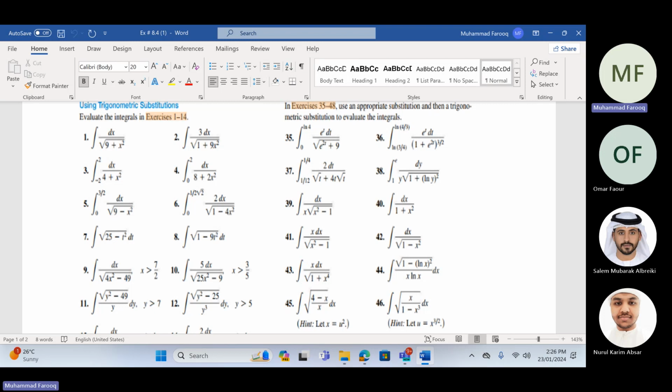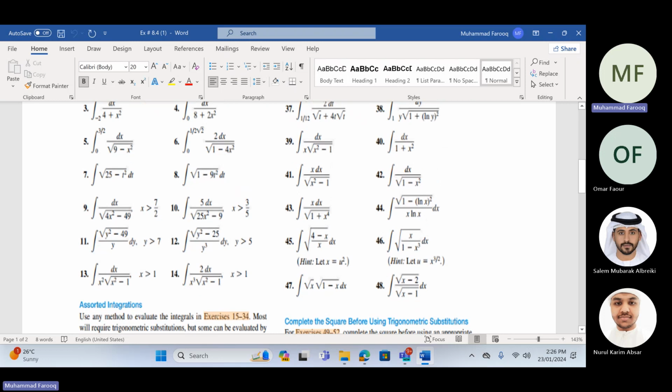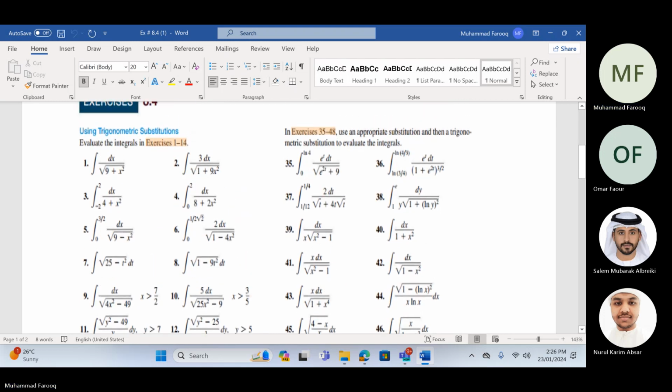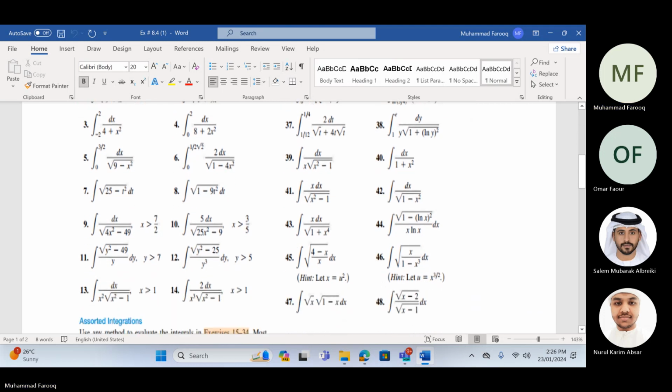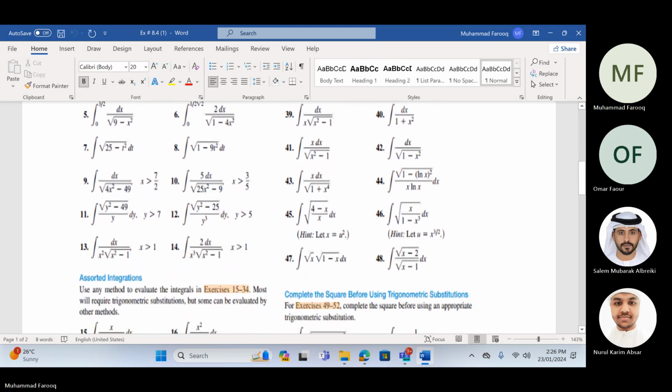Yes, a squared minus x squared, fine. Then we can go for number 10, please. Number 7 again is a squared minus x squared, which is sine.